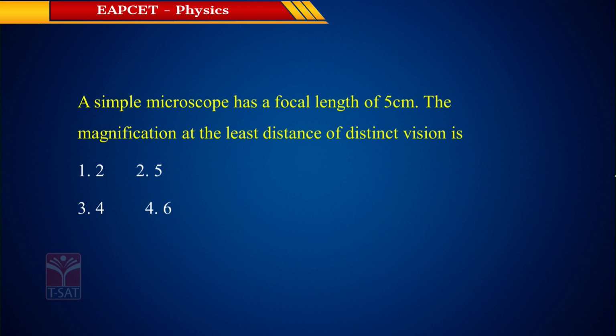Here you know the simple microscope formula, M is equal to 1 plus D by F. Here the least distance of distinct vision value is 25 centimeter, children. 25 by focal length 5.